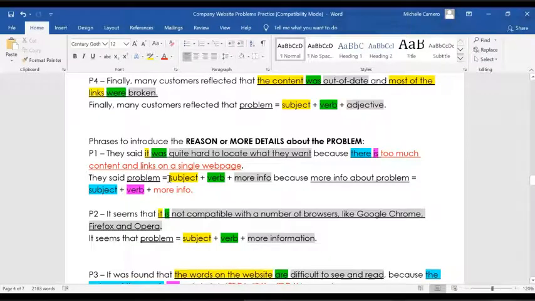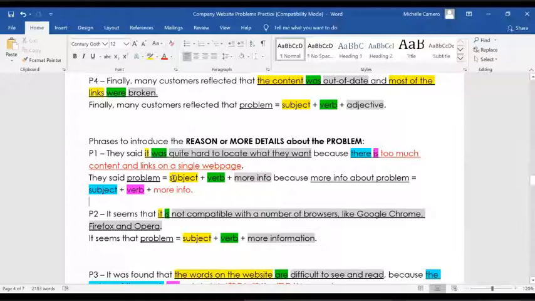When you talk about the problem, you need the subject, verb, and more information. Okay? Then you can say because, and now you're going to give more information about the problem. And again, you're going to need subject, verb, and more information.